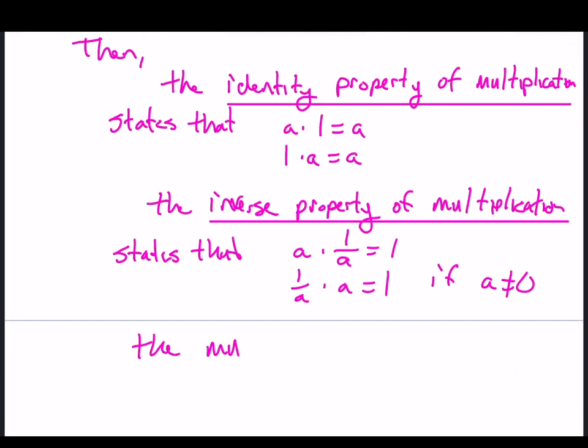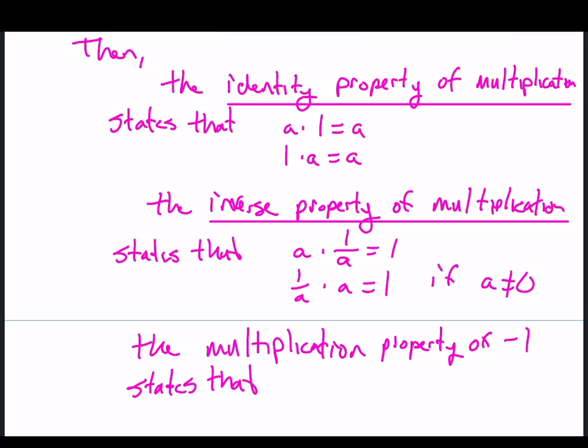The multiplication property of -1 states that -1 times a equals -a, and that a times -1 equals -a. In other words, if you put a -1 times any number, it's the negative of that.